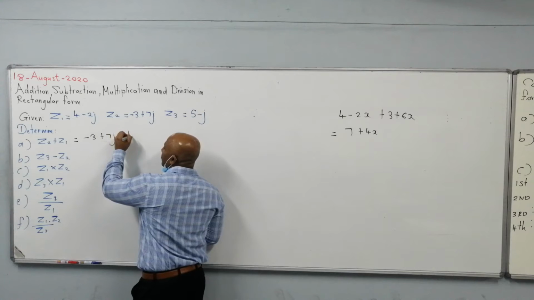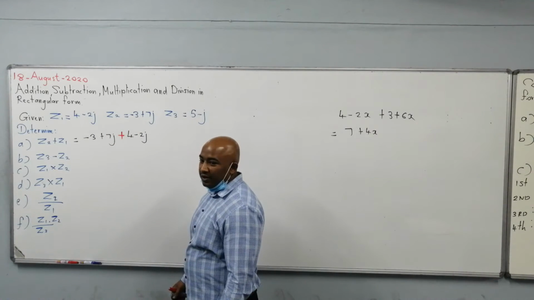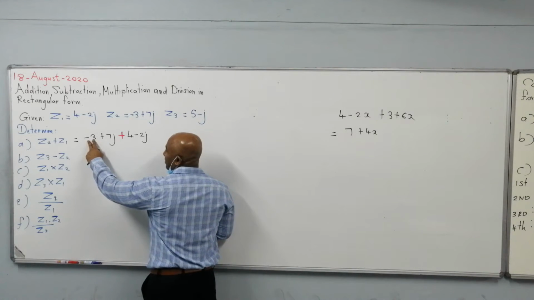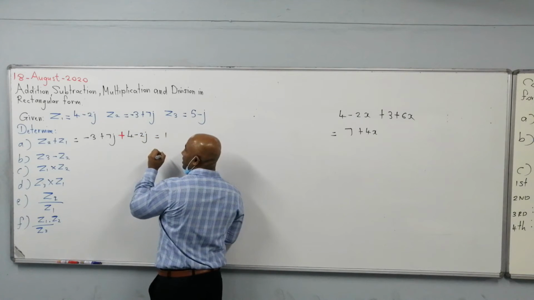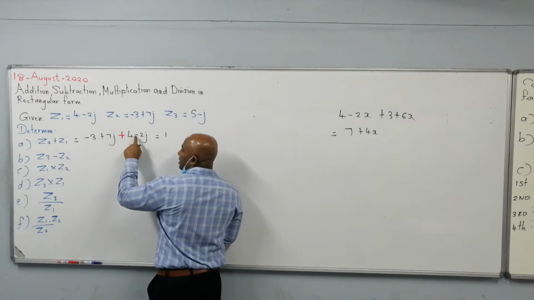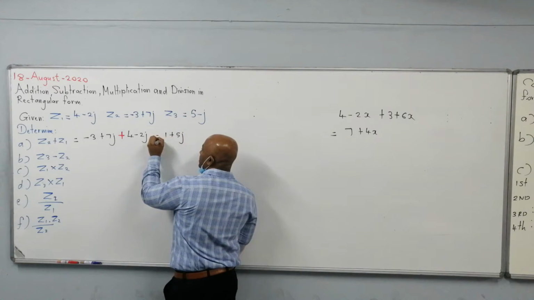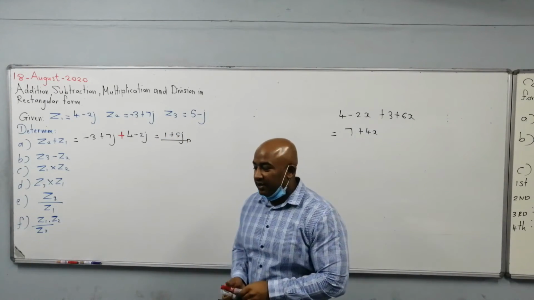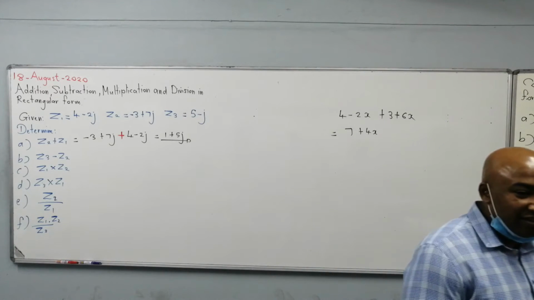Z1 is 4 minus 2j. All I do is add up my like terms. So I've got minus 3 plus 4 there, which is a positive 1. And then I have 7j minus 2j, which is positive 5j. So that is 1 plus 5j, and that is all. That is how you add these complex numbers in rectangular form.